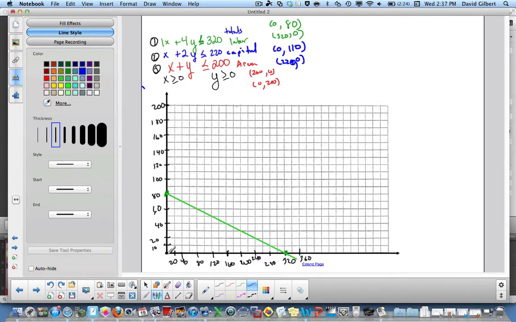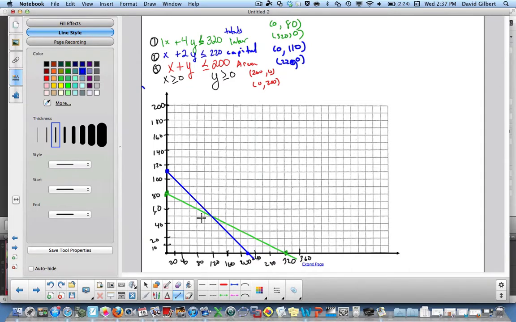That's 0, 110, which is going to be right here. And then 220, 0. Now I do my line. And then that looks like that meets exactly there.